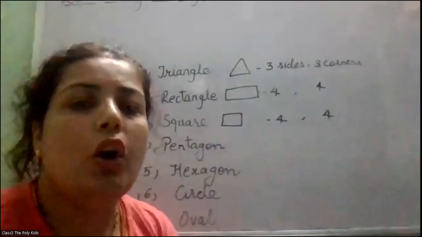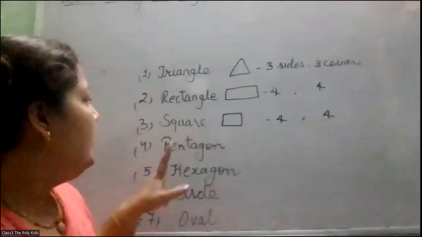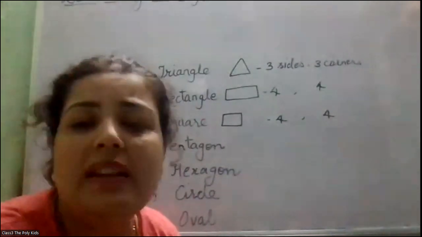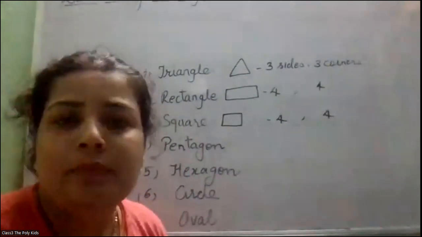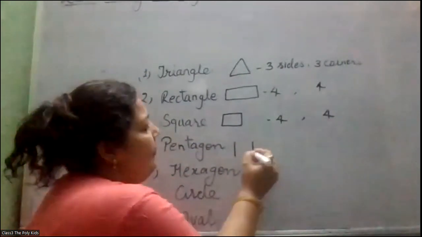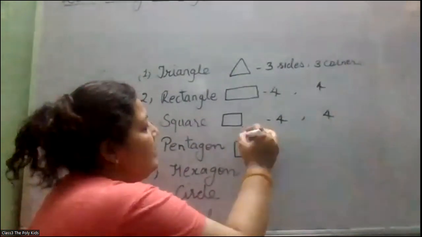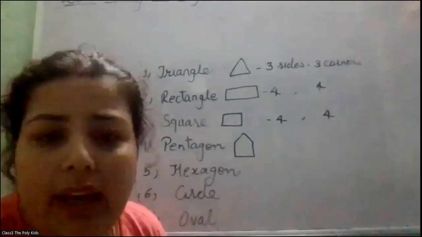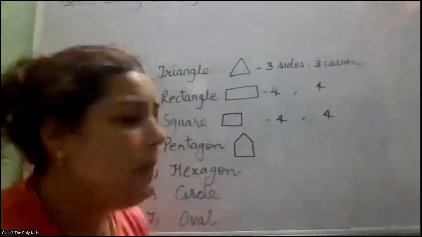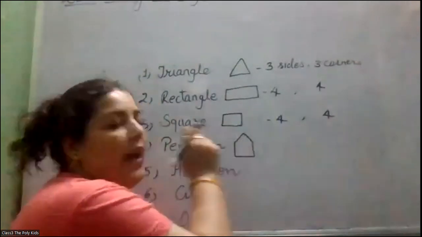Yes. Okay. So now we will talk about the pentagon. How many sides are there in a pentagon? Ma'am, 5. Yes. A pentagon has 5 sides. The shape of a pentagon is like a hut. 1, 2, 3, 4, 5.